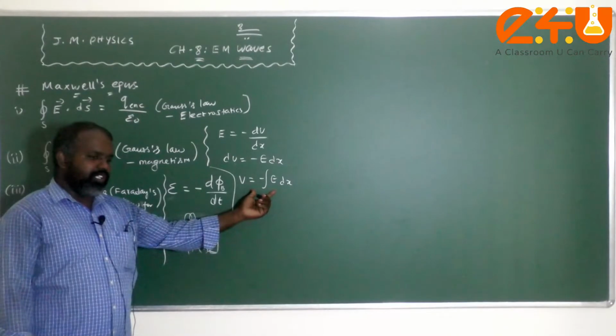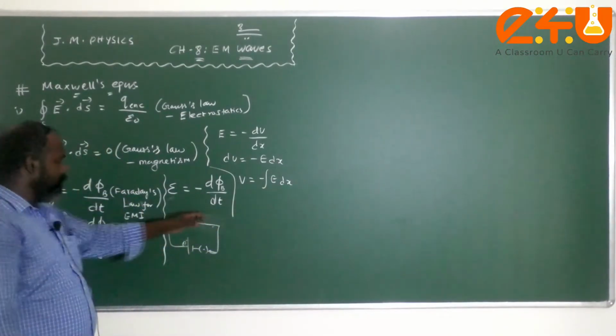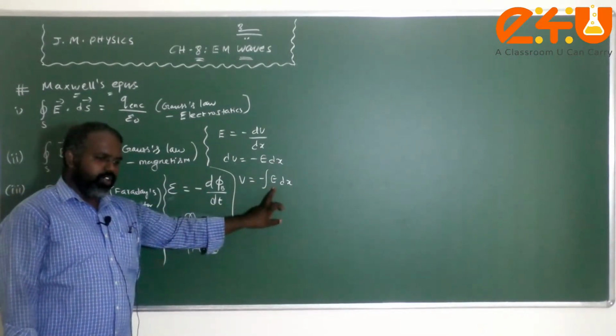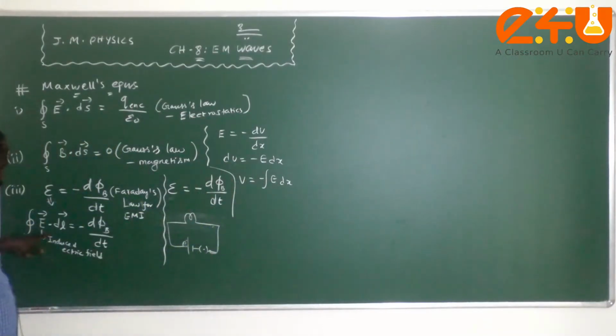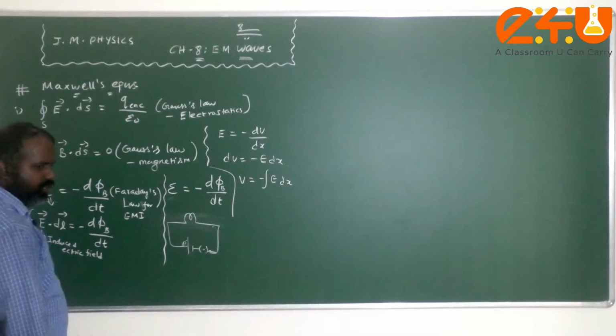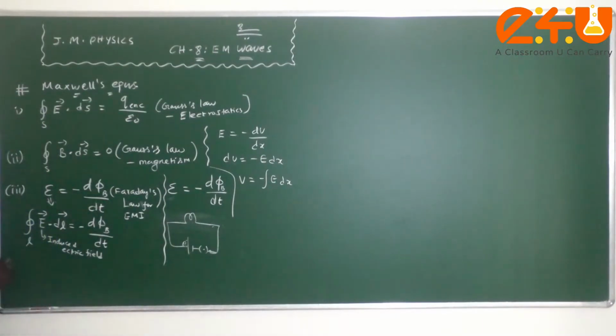I wrote this equation here just for comparison purposes, but the electric field we are using here is different from the electric field mentioned in the third equation of Maxwell's equations. And the fourth one, as we discussed earlier in the displacement current concept, is the modified Ampere's circuital law.